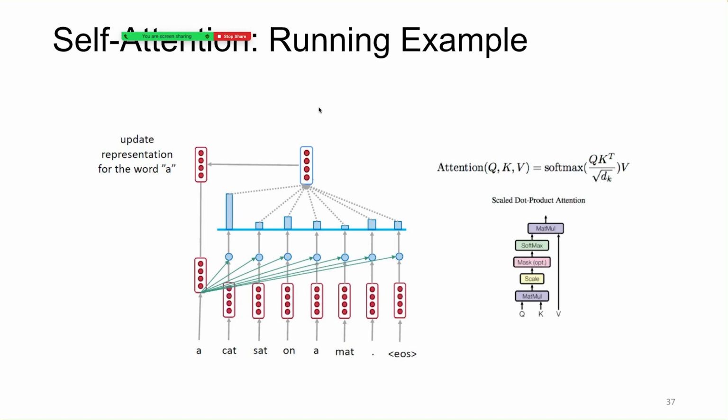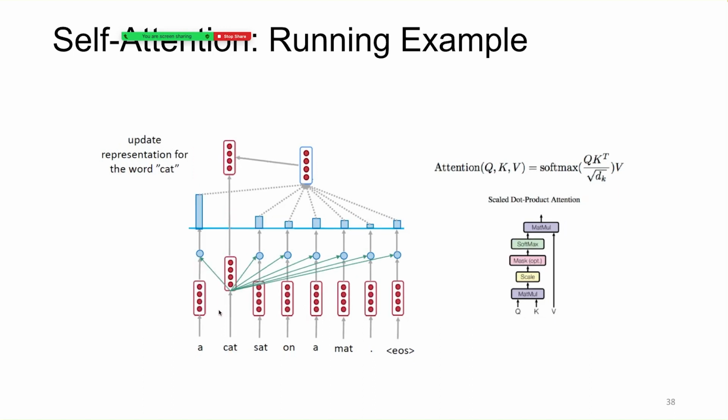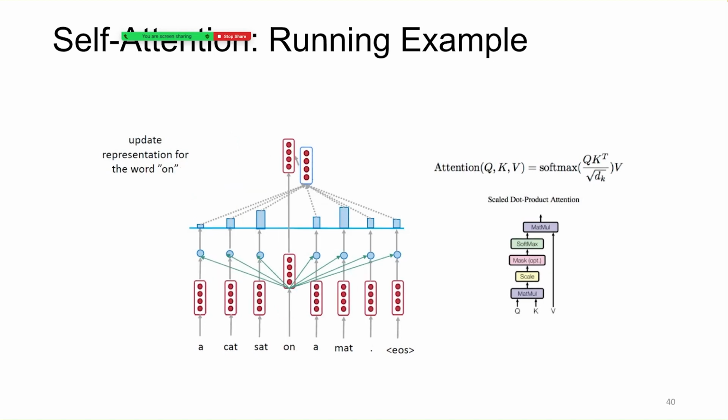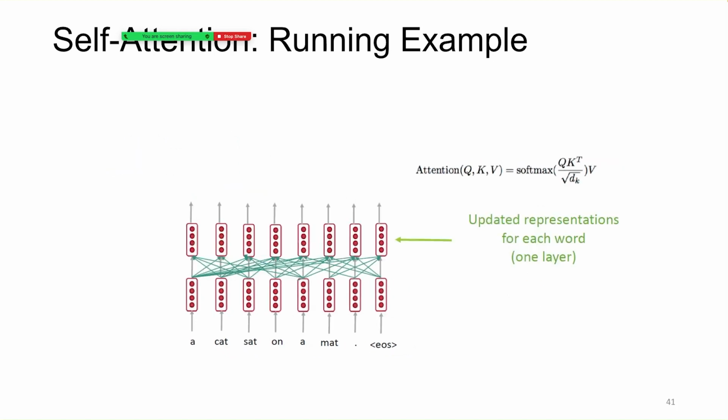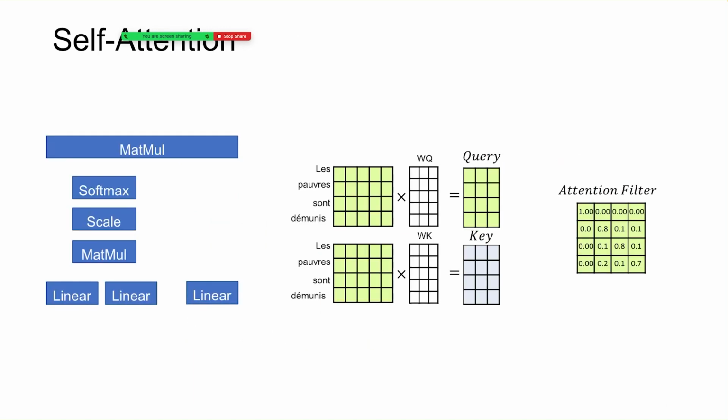And here you get a new hidden state. Then you update this new hidden state to this one, and you do the same thing for the second word. And guess what? Because our GPUs can do parallel computing, you can do all of this at the same time. So understanding your own text is very parallel and very fast.